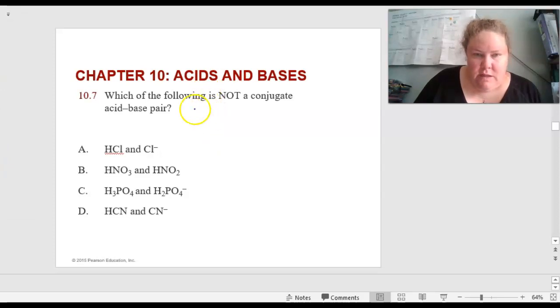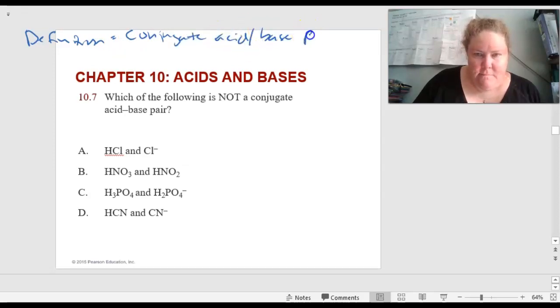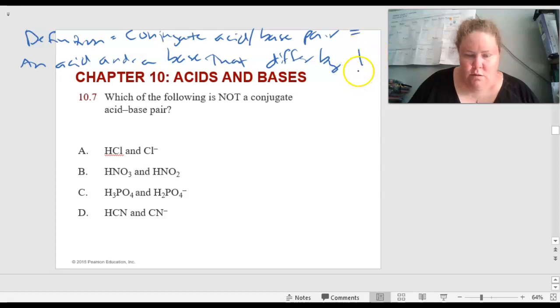So the definition of a conjugate acid-base pair is that an acid and a base differ by one H+.